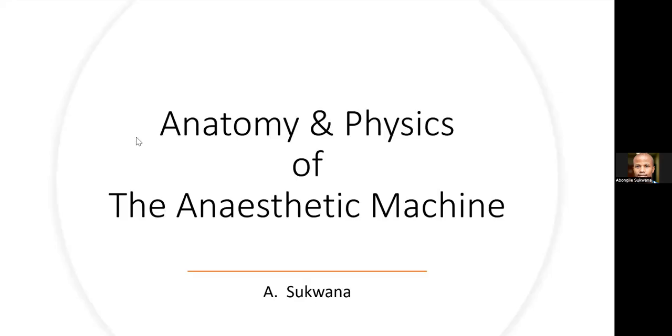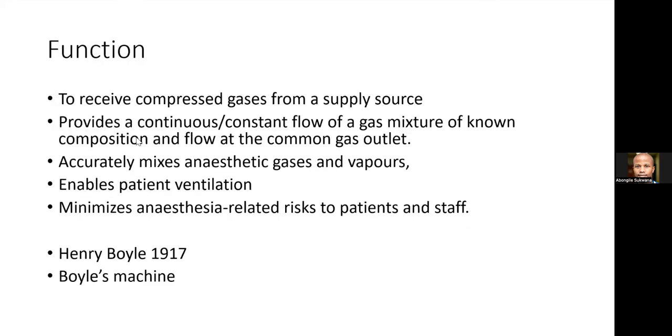So really the function of an anesthetic machine is to receive compressed gases from a supply source. We'll talk about the supply sources of gases. It provides a continuous and constant flow of gas mixture of known composition and flow at a common gas outlet.